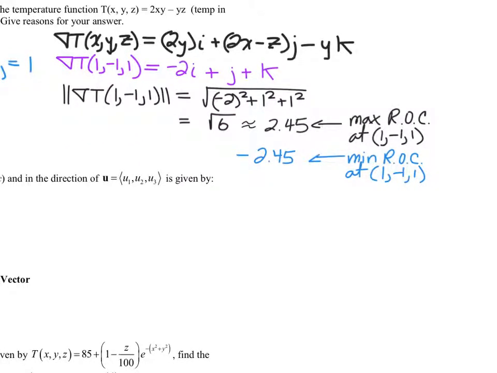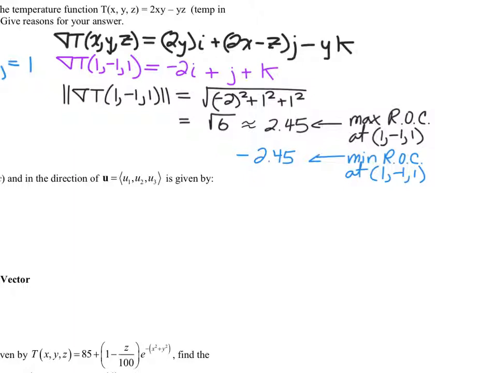So what it's telling us is that no matter what direction I go off in from the coordinates 1, -1, 1, following the surface, I can achieve a maximum rate of change that is no greater than 2.45 and a minimum rate of change that is no less than -2.45. Everything has to be in between.